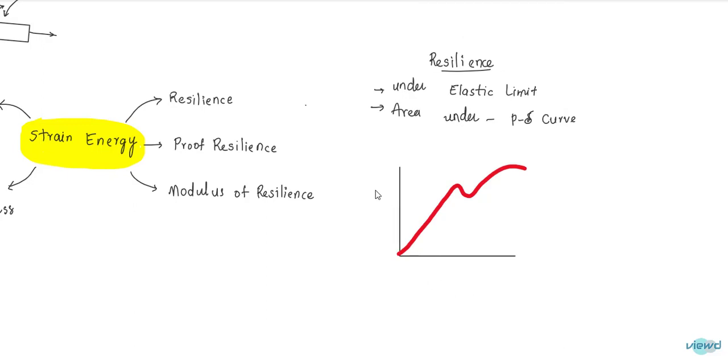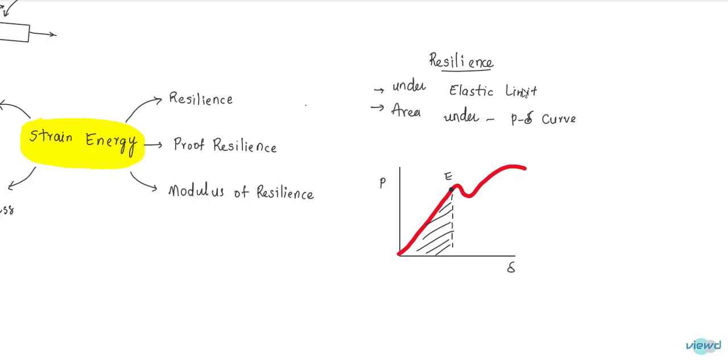So this will be the stress strain curve for steel, and the P delta curve will also be the same. I am considering this as the P delta curve, and this is the elastic limit. The area under this curve gives us resilience.